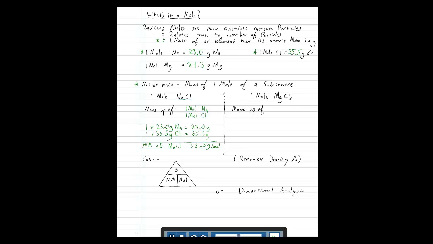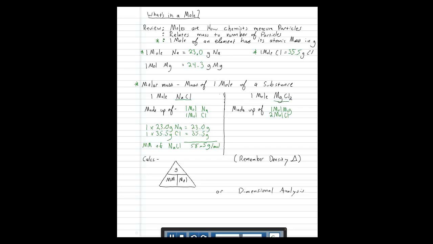Let's use another example, 1 mole of magnesium chloride, MgCl2. That formula is a little different, but we still look and see what it's made up of. 1 mole of magnesium chloride is made of 1 mole of magnesium and 2 moles of Cl atoms.